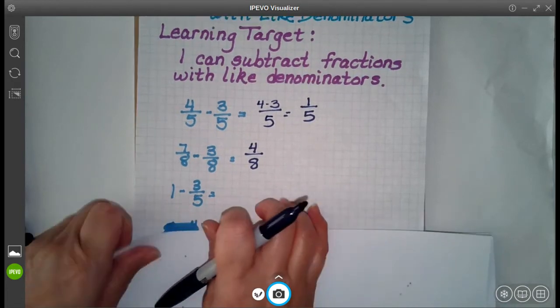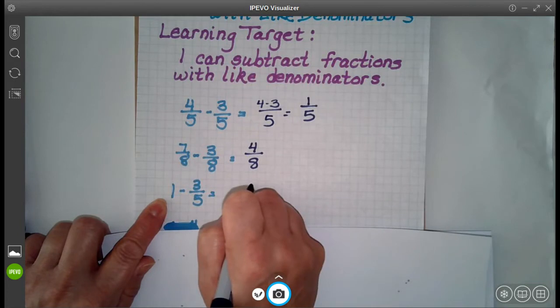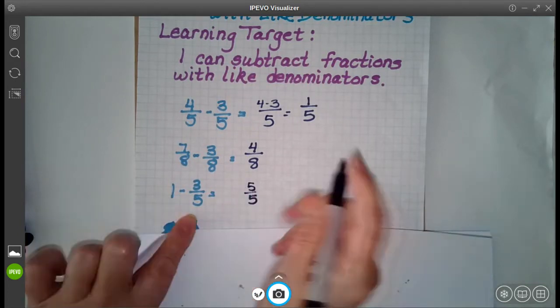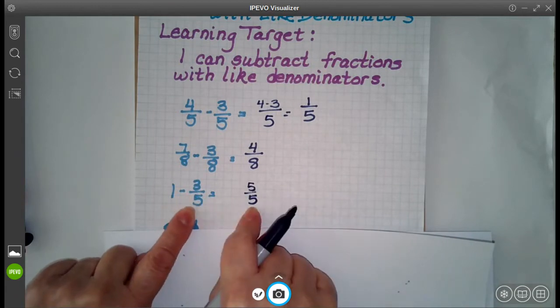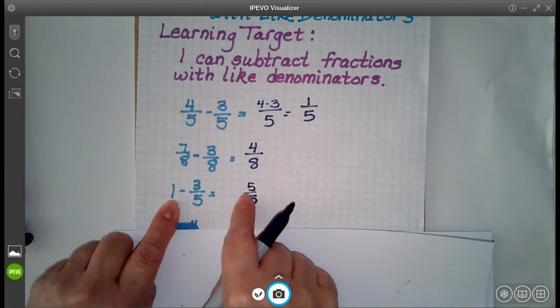I'm going to move down here. So let's make 1 whole be the same as 5/5. I did keep the denominator of 5, and as we talked about before, when your numerator and your denominator are the same, that equals 1 whole.